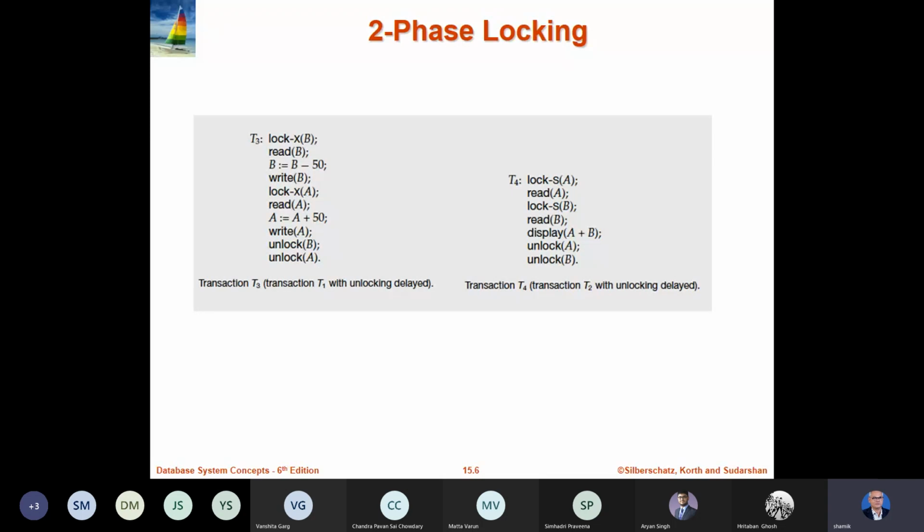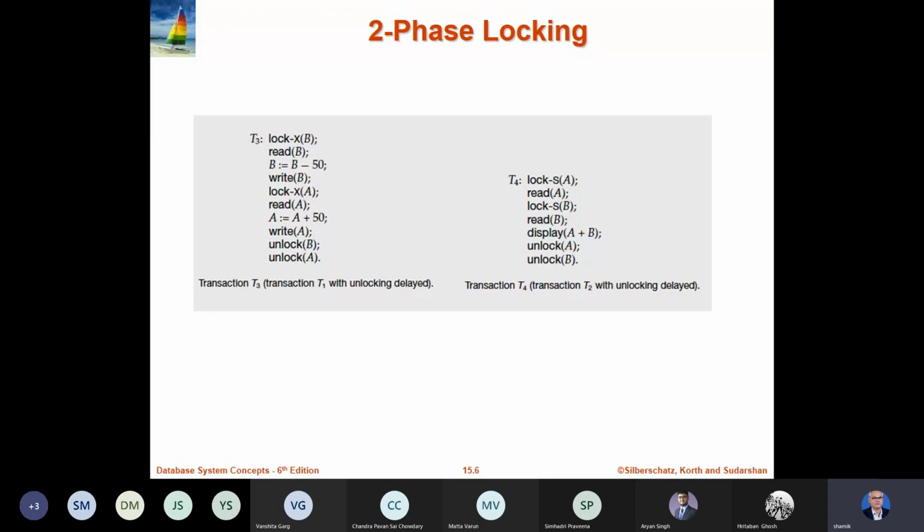So you cannot have a mix of locking and unlocking of data items. First you keep on acquiring them, and then once you start releasing, you only release and cannot acquire any further lock. So that is what is called two-phase locking: first the locking or growing phase, then the unlocking or shrinking phase.